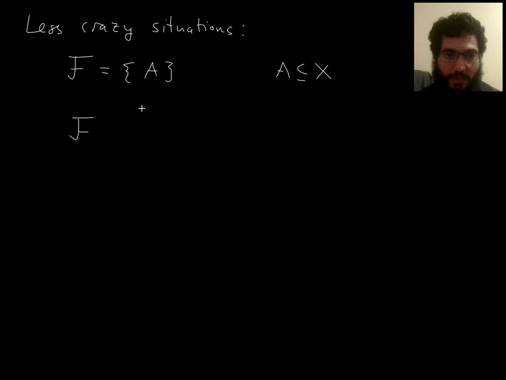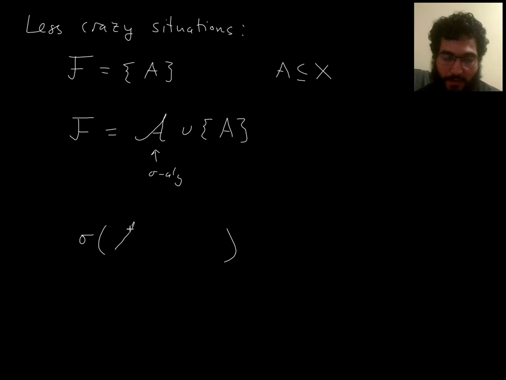Actually, if you start with a sigma algebra and you try to adjoin one new thing, so start with a sigma algebra and add in one new thing, and then look at the sigma algebra on X generated by a known sigma algebra that you're starting with and then just one new set.